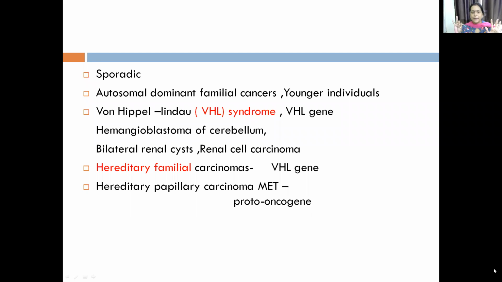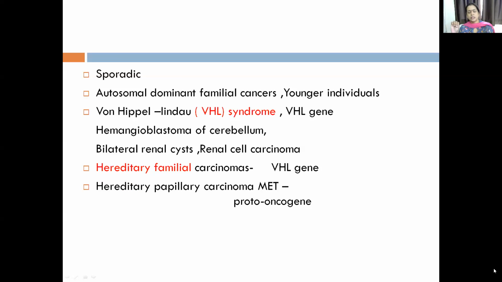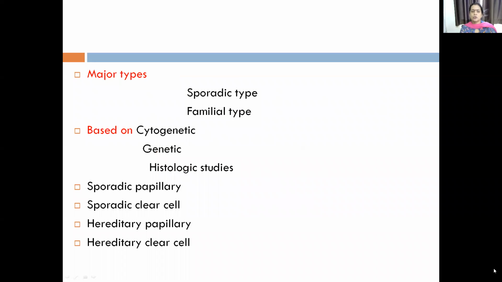Then hereditary papillary carcinoma associated with the MET proto-oncogene. Then BHD, that is associated with renal cell carcinoma and also trichodiscomas, acrocordons and fibrofolliculomas. And the other gene, the tuberous sclerosis genes, TSC1 and TSC2, is also seen associated with that. So these are the genes which can cause a familial type of renal cell carcinoma.